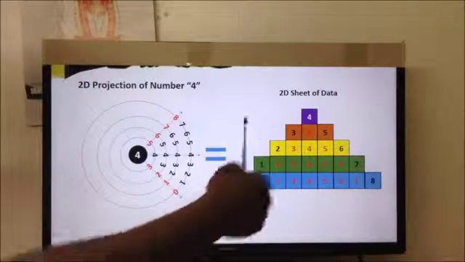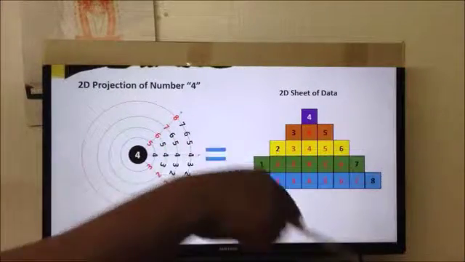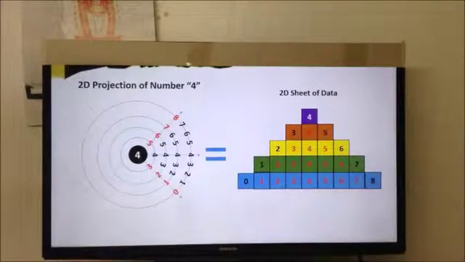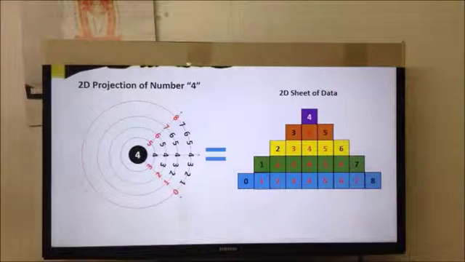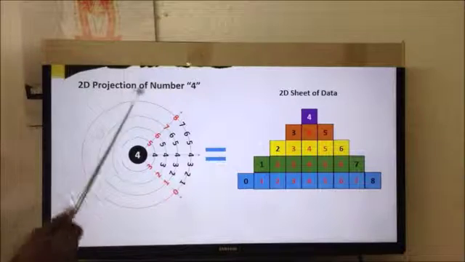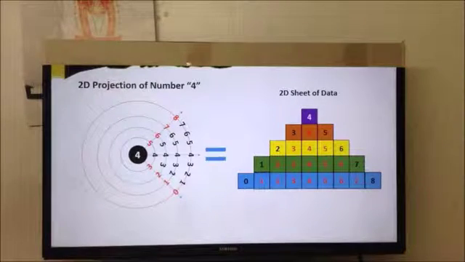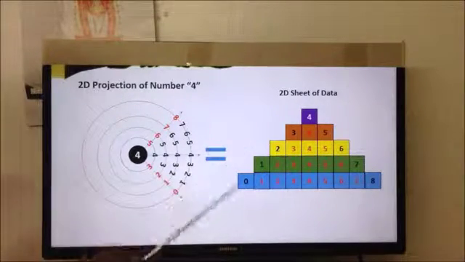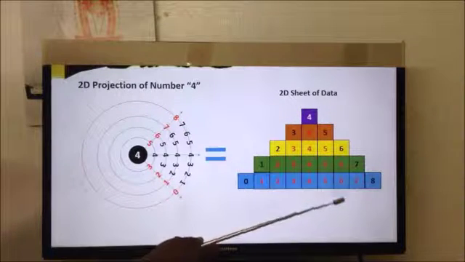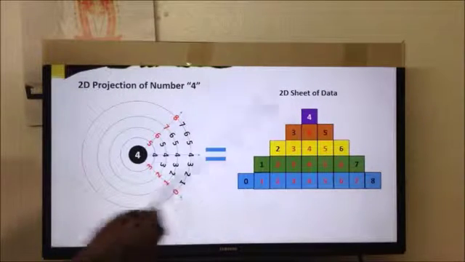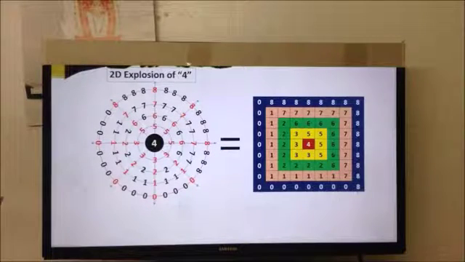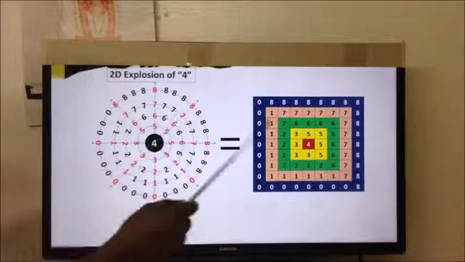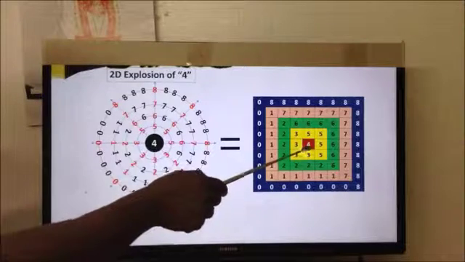They can continue in all directions. But this is a graph. If we are using a graph to do the two-dimension projection of a number, this is how it is presented. If we are doing the explosion, then you see this kind of number 4 there in the middle.